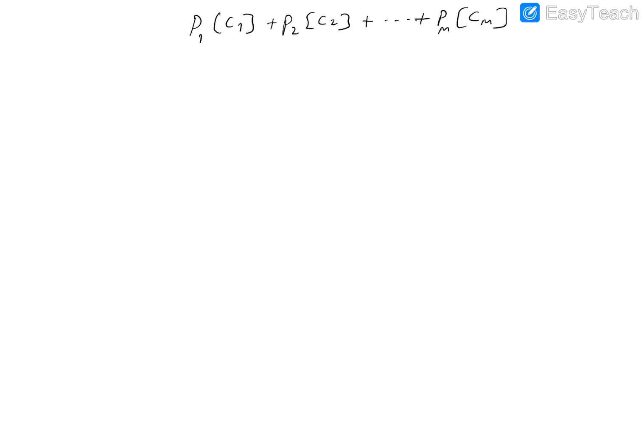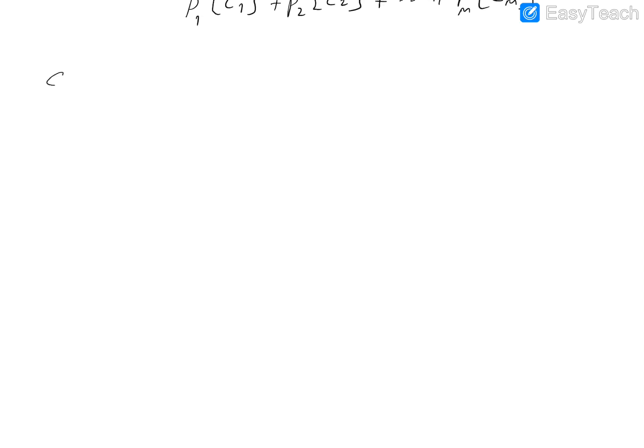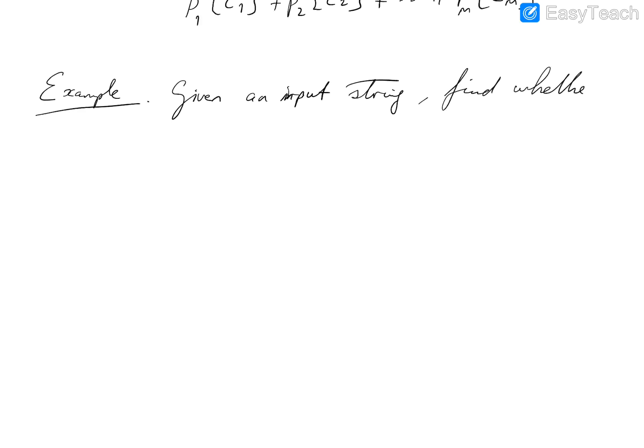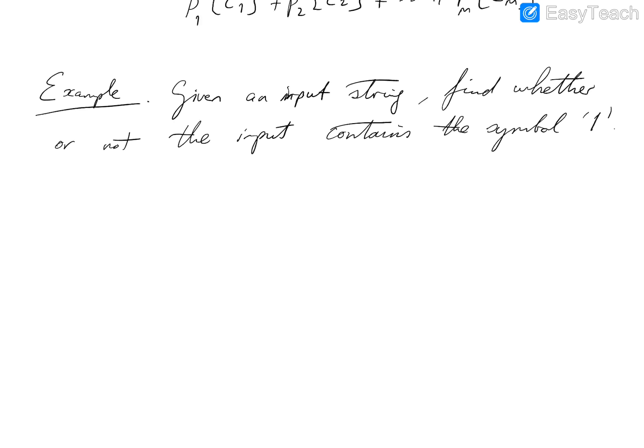The example was: given an input string, find whether or not the input contains the symbol 1. So we do this by using probabilistic Turing machines.